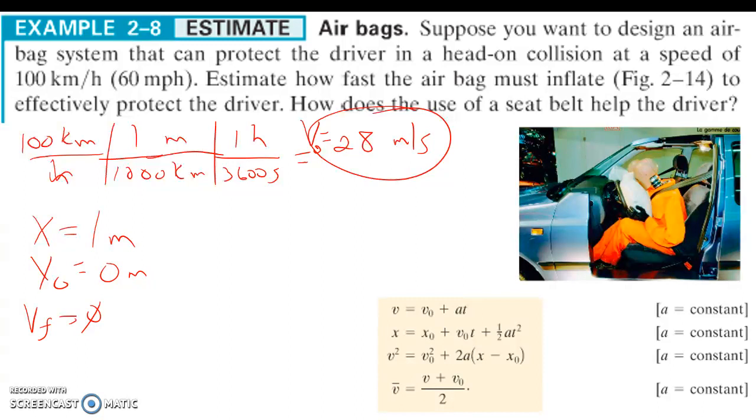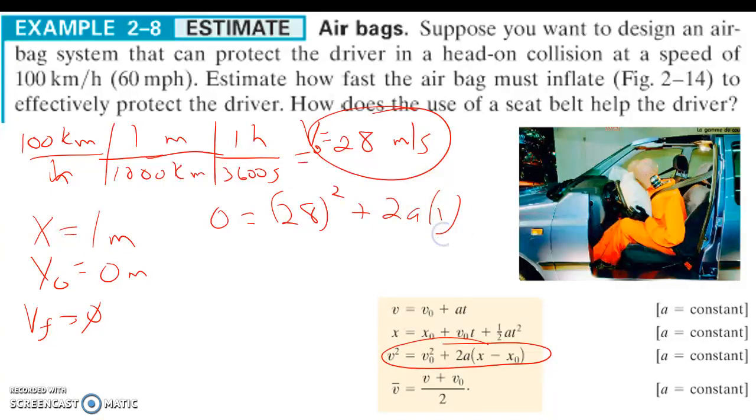So with that, we can find acceleration, because we don't have to worry about time, because we're looking right here at this equation. Okay, so now it's all plug and go. So our final velocity is 0. Our initial velocity is 28 squared plus 2a times 1, right?